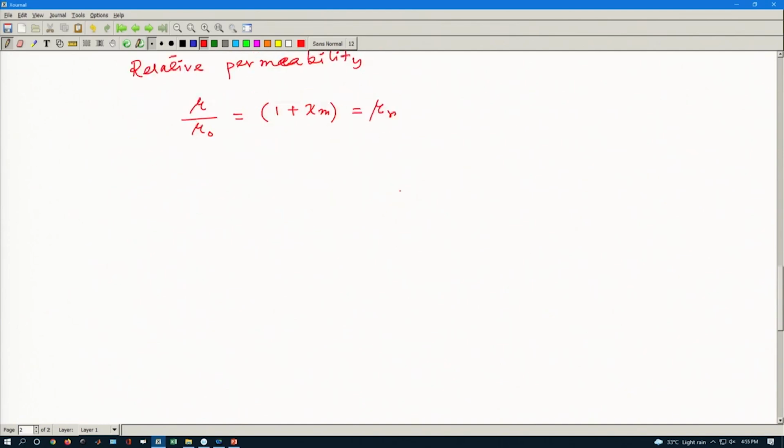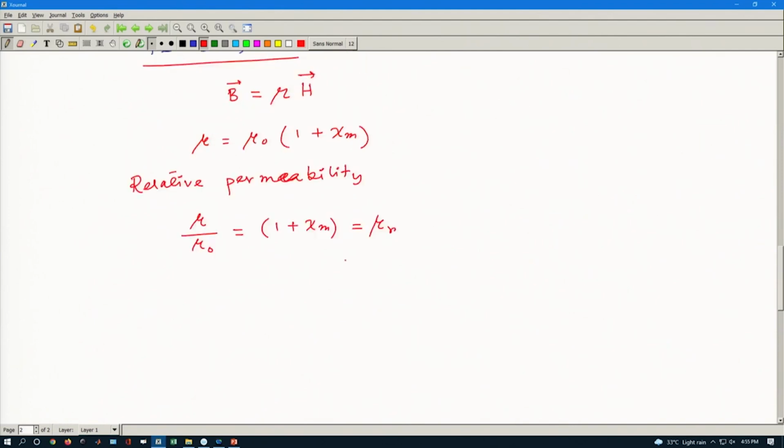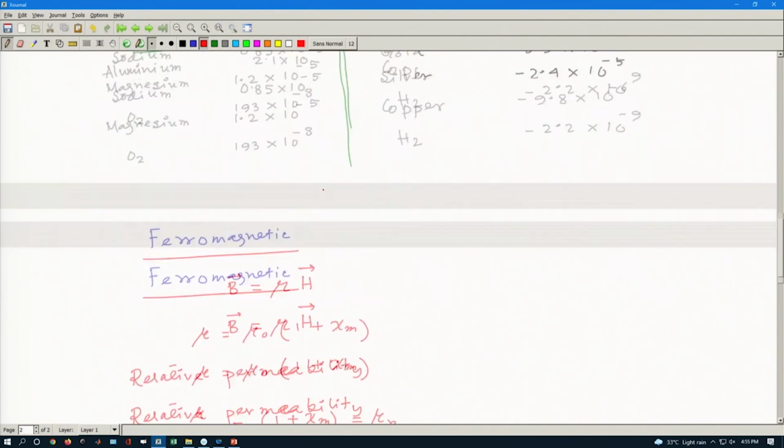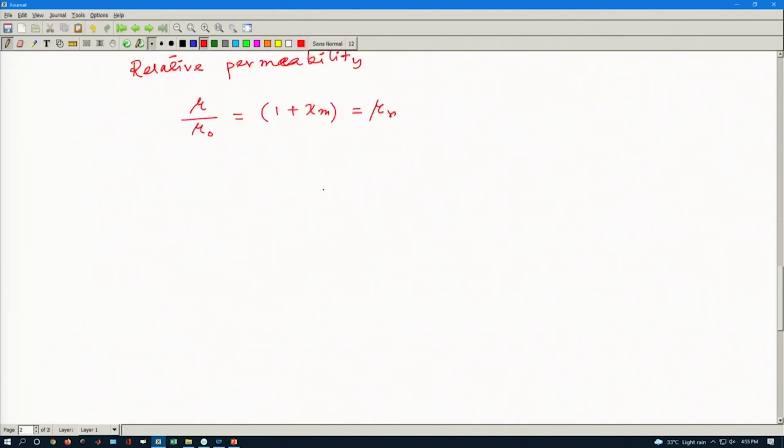So, for diamagnetic and paramagnetic materials, I have already mentioned the values of chi m. We can see that mu r, the relative permeability, is very nearly equal to 1.